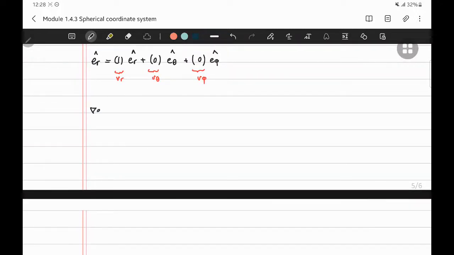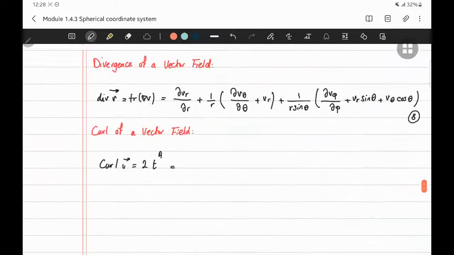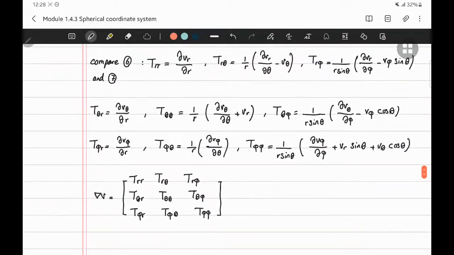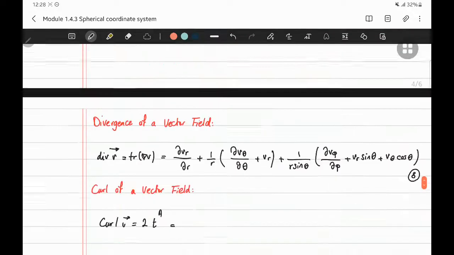So del E_R, we already calculated this, so it is 0, 0, 0, 0, 1 divided by R, 0, 0, 0, 1 divided by R. And you can just calculate it from here, this expression here.